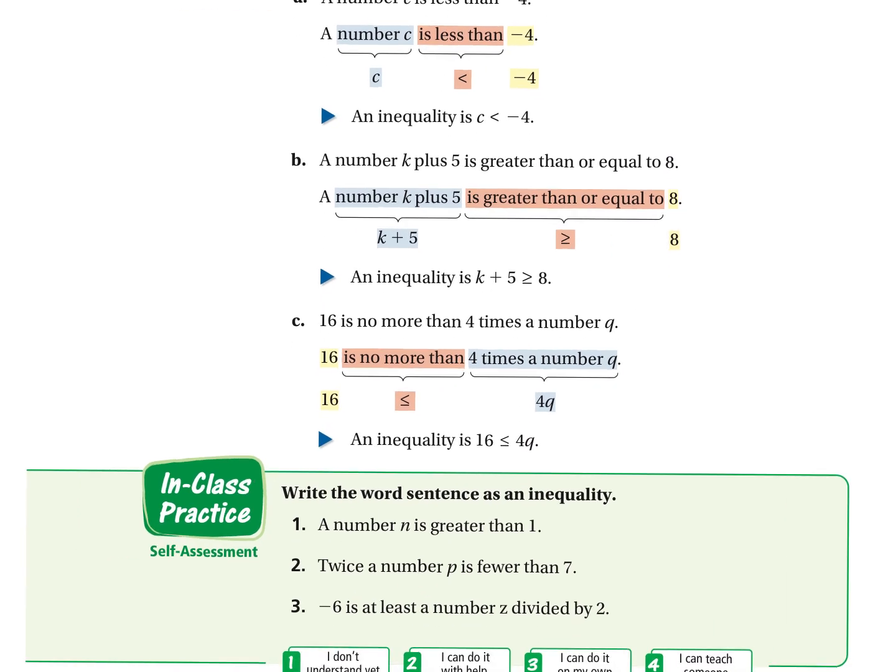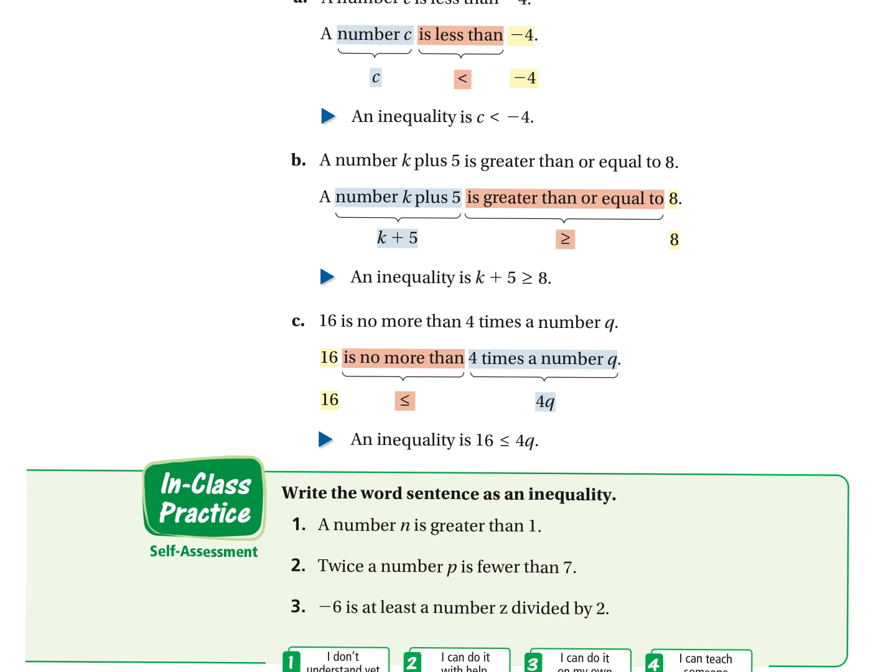Letter C says 16 is no more than. No more than means that we have a maximum. So 16 is my first number. "Is no more than" means less than or equal to. So it has to be less than, but it can also be equal to the maximum number, 4 times a number Q. We represent 4 times a number Q by simply writing 4Q.